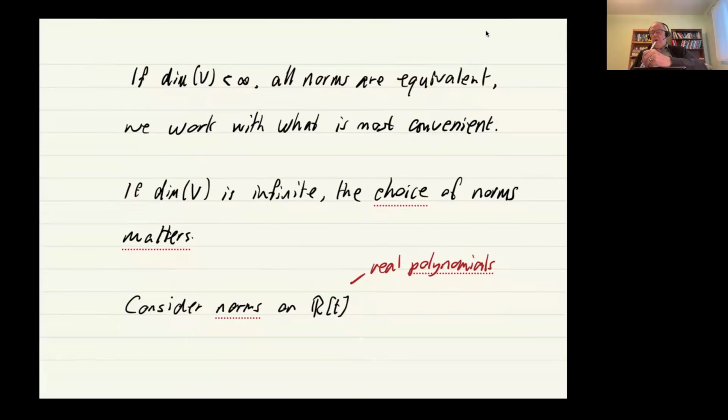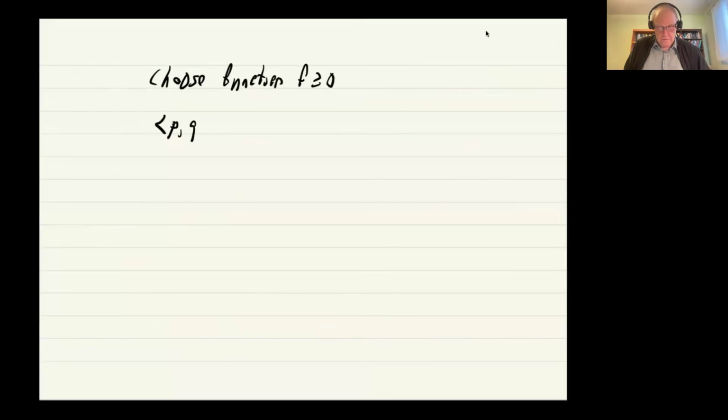Let me just do a few. The idea is to pick a function f, non-negative, and define the norm of p, q as the integral of p(t) q(t) f(t) dt.